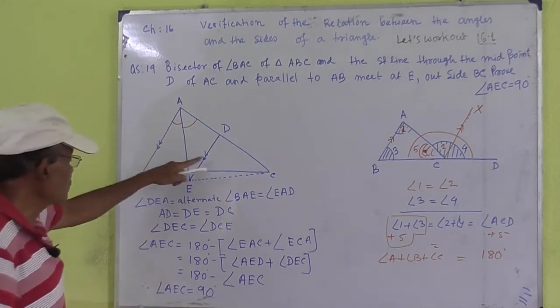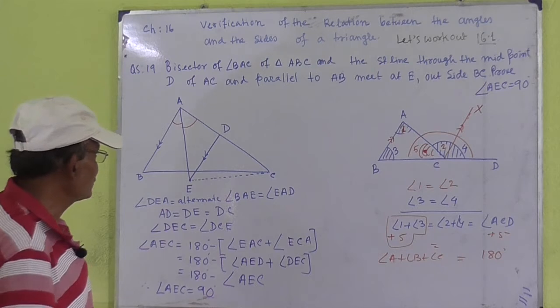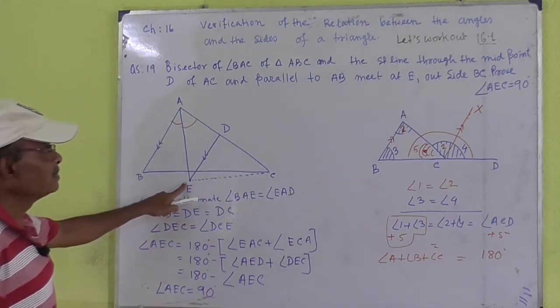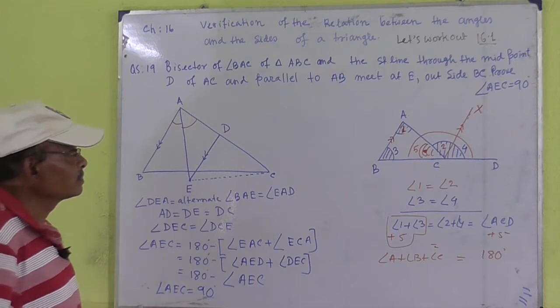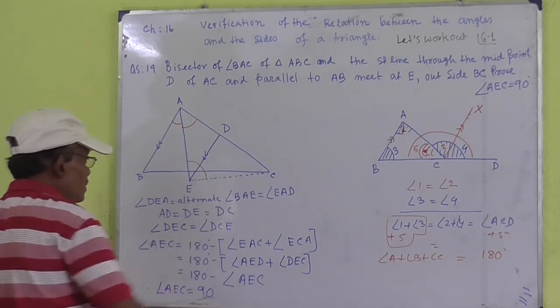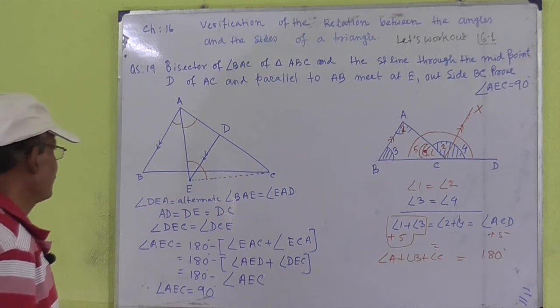Here, this mark is a parallel sign. Clear? Meet at E, outside of BC. Now, we have to prove that this total angle will be 90 degrees.